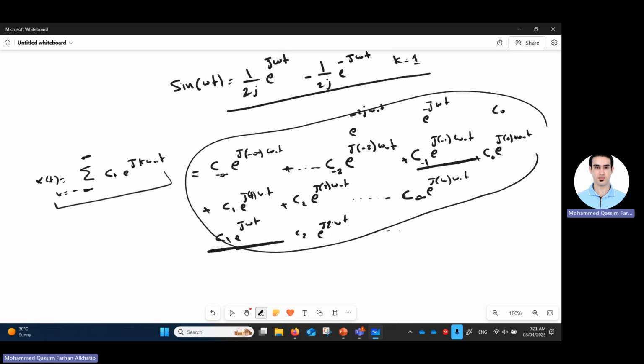Omega naught is the same thing: here is the fundamental frequency omega naught, and here the fundamental frequency is the same thing, it's omega. So if you compare, you will find that I'm having only these two coefficients. All others do not exist in this expression. All right, so if I compare this term with this expression, I'll find a match with this one here.